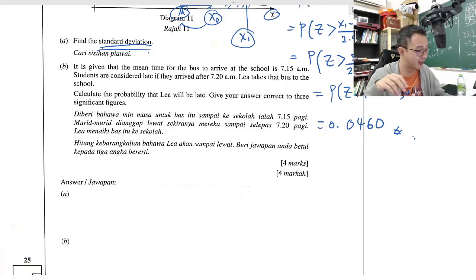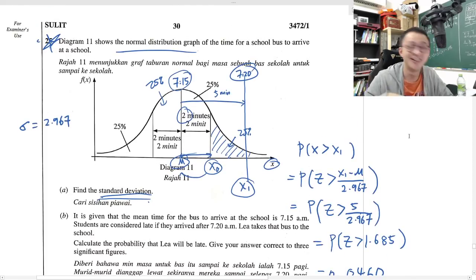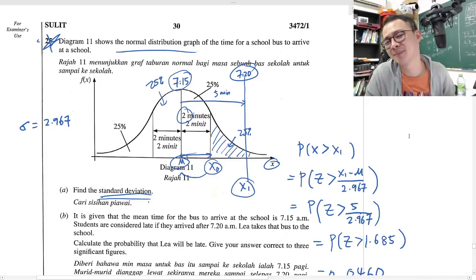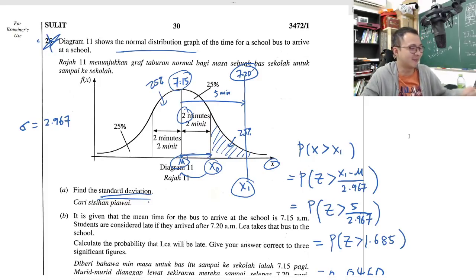I hope I don't make any careless mistake, but then I might make a mistake. And the last question is really hard. I mean, I don't know. It's not the common question we used to do in our exercise, in our state paper, or in our past year paper.